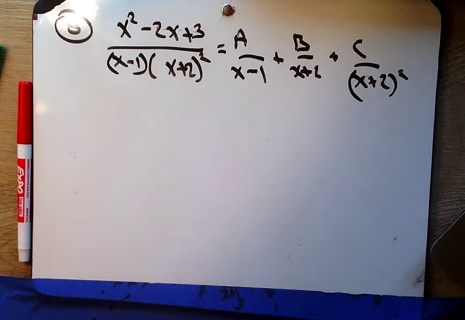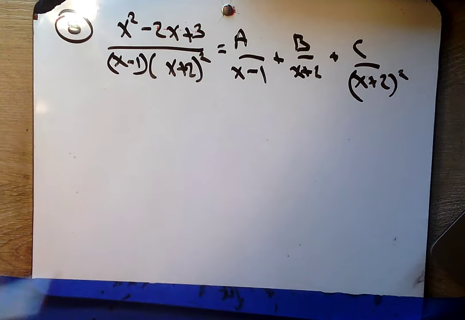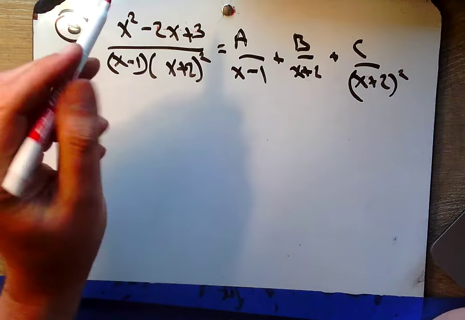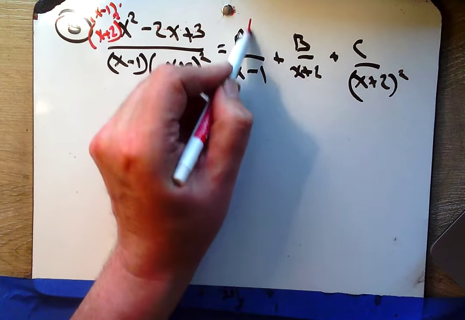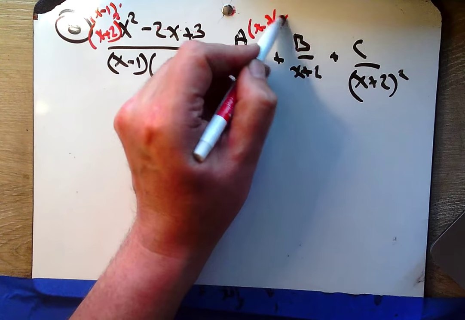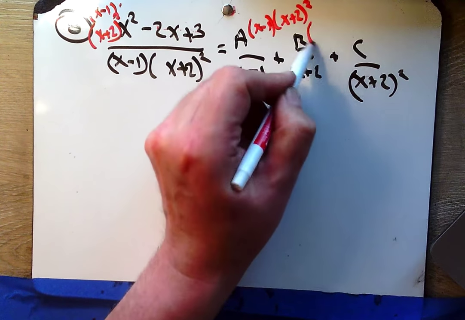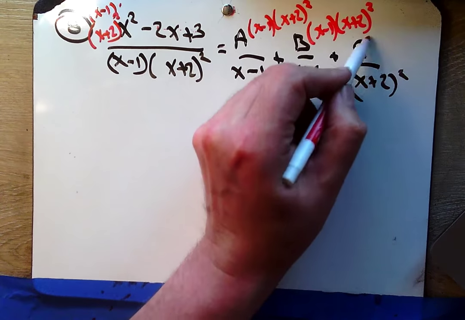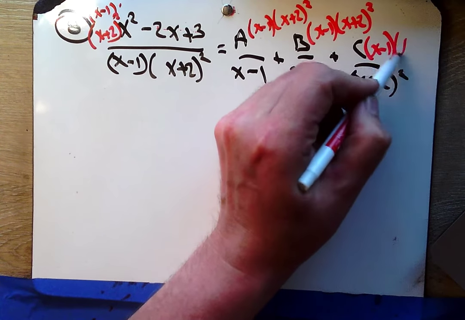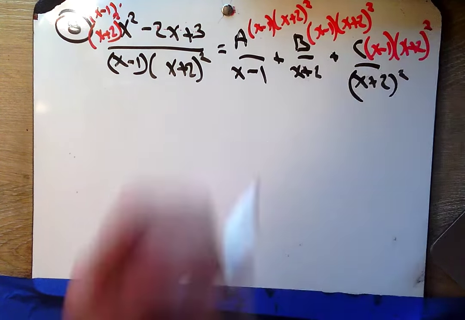And so I've got a bunch of places to write my common denominator. I'm going to have x minus 1 times x plus 2 squared in each place.